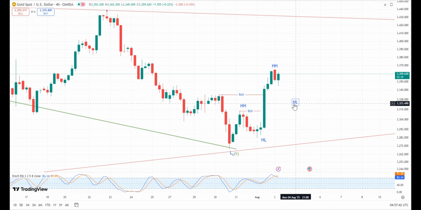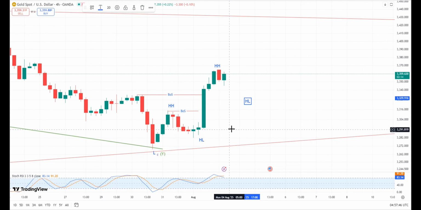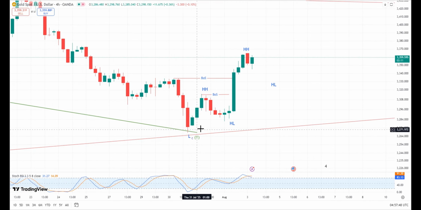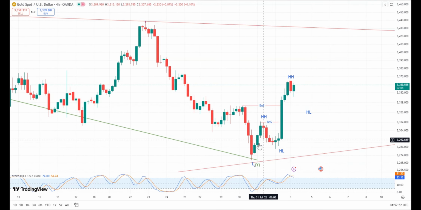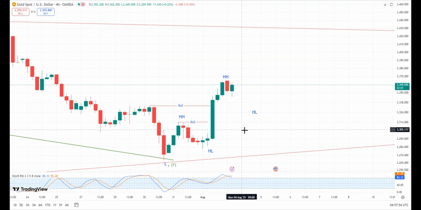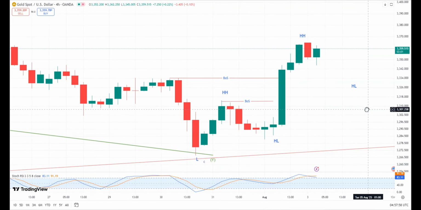So we should be looking out to take our trade from the next higher low, and based on Elliott wave. So from this we can see that there's a shift in market structure based on what we just illustrated.